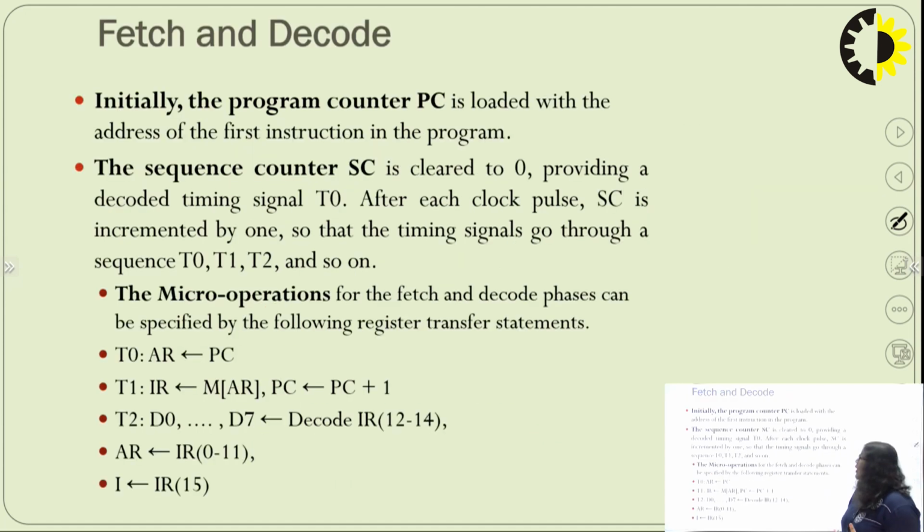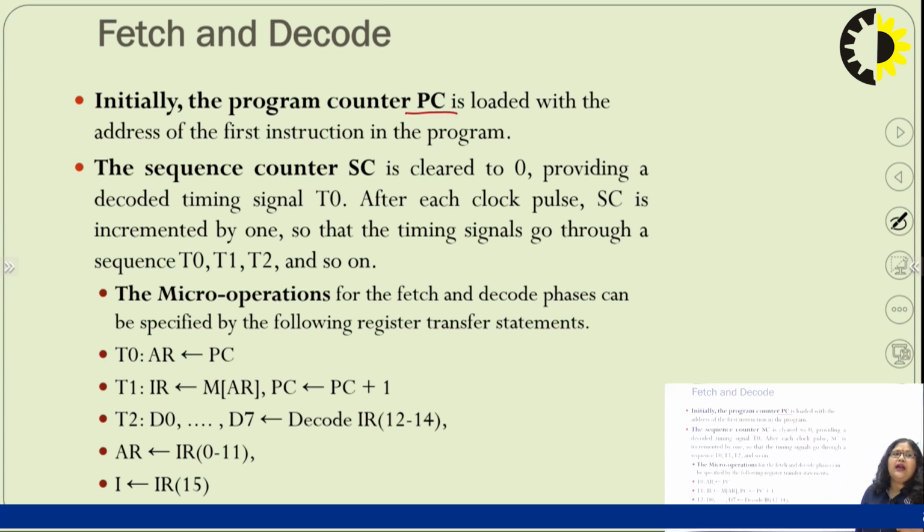So what is fetch and decode? Basically, the program counter is loaded with the address of the first instruction in the program. The PC always holds the address of the next instruction, but for the first instruction the PC holds the address of the first instruction of the program.